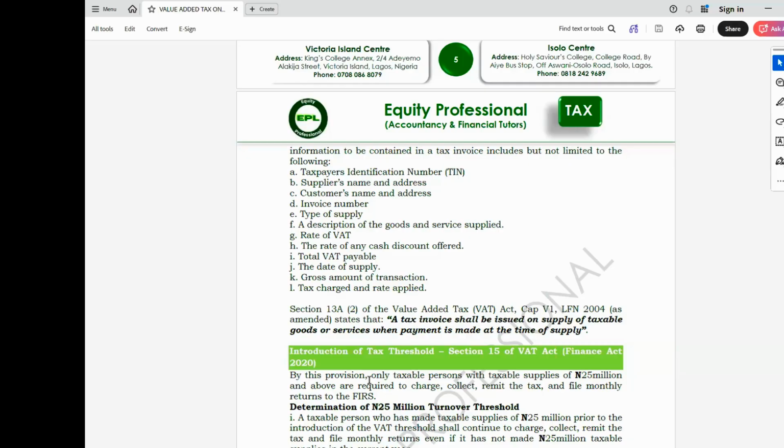So what that means is that small companies, those businesses with a turnover of 25 million naira and below, are regarded as small companies or small businesses.